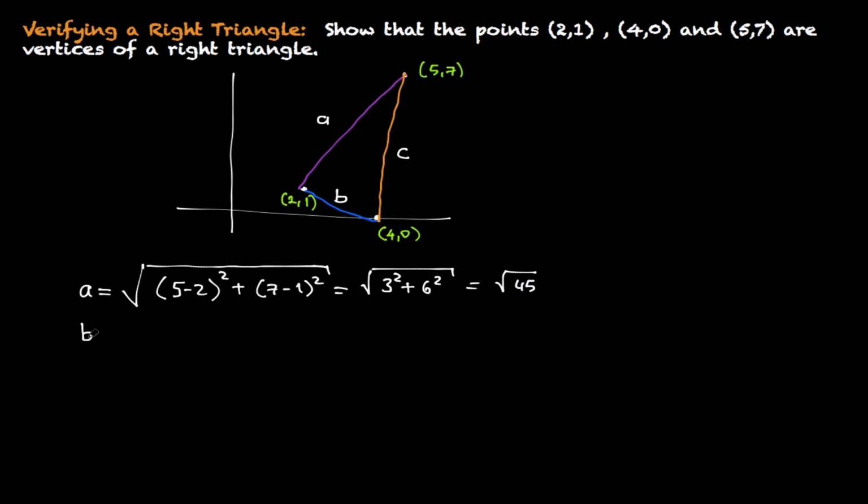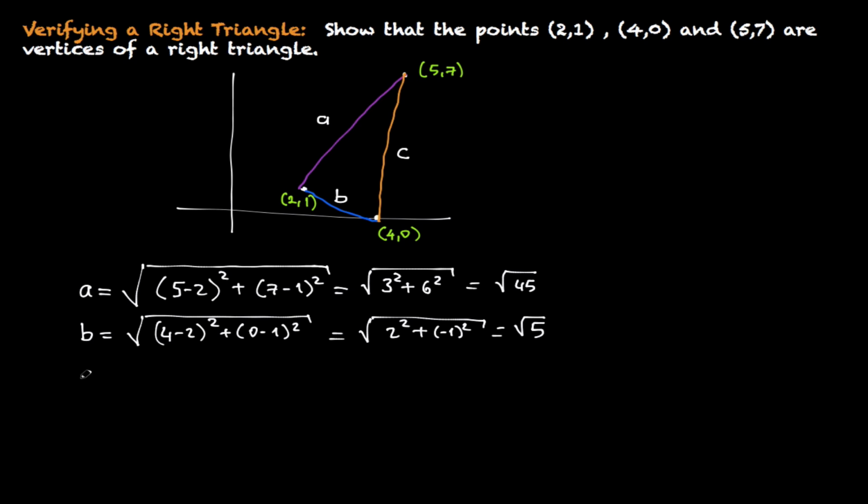And let's calculate B. B is this length. So it is the square root of (4 minus 2) squared plus (0 minus 1) squared. So what is it? It is 2 squared plus (-1) squared. This is 4 and this is 1, so it is the square root of 5.